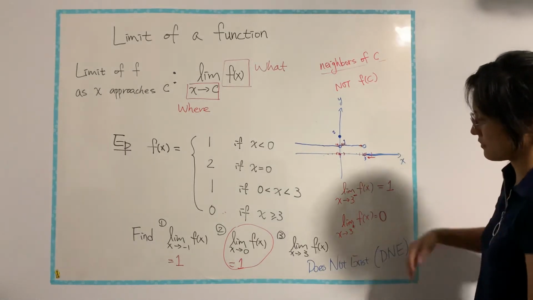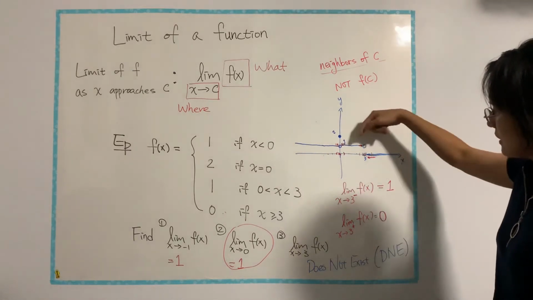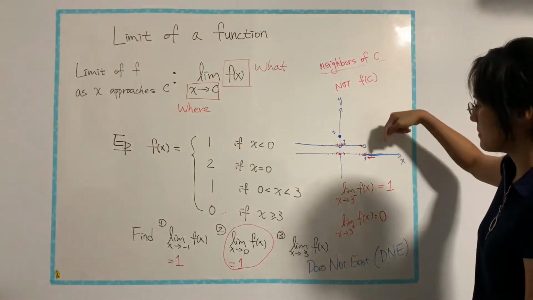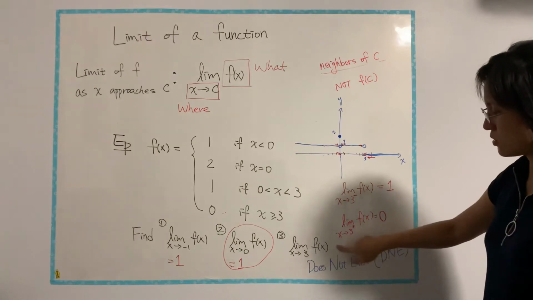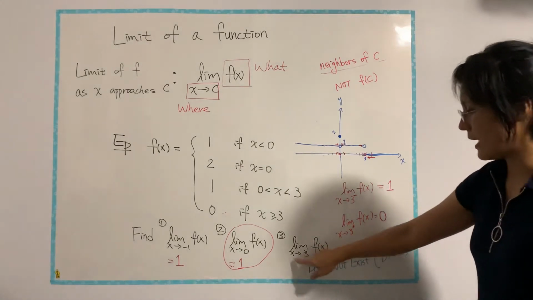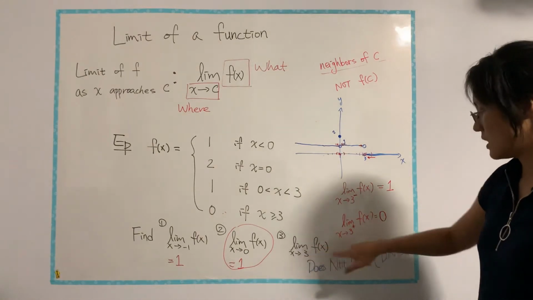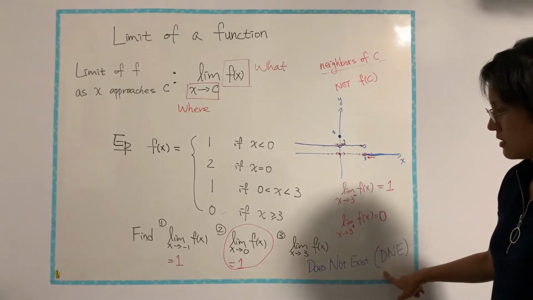So we have one case where the behavior of the left hand side and the behavior of the right hand side do not match. In this case, we say the two-sided limit when x approaches 3 does not exist.